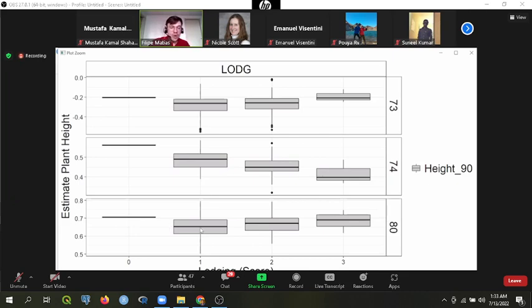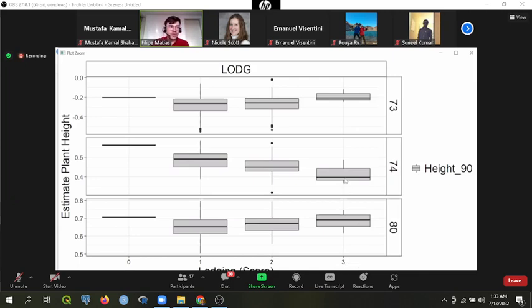As the height we calculate with the drones increases, the lodging score also increases. For example, at 73 days, the tallest average genotypes receive score 3. However, that night we had that really strong storm, and then many genotypes lay down. Many of those were the genotypes that received score 3.